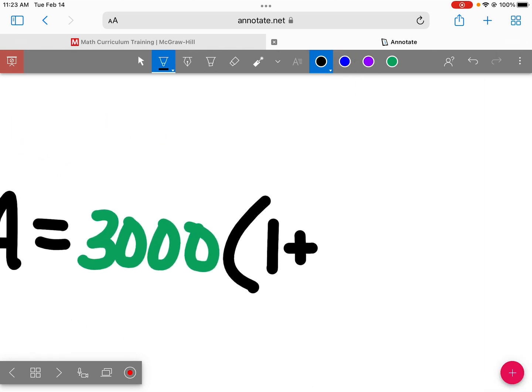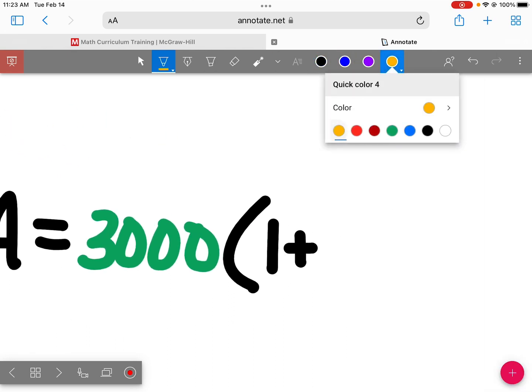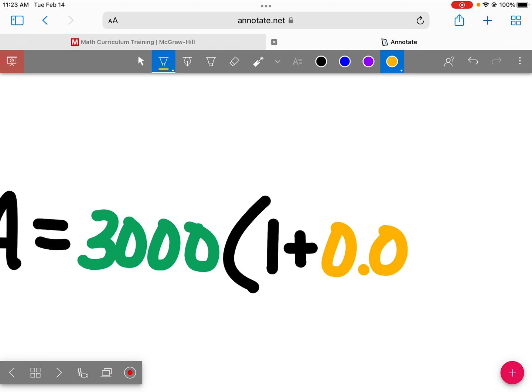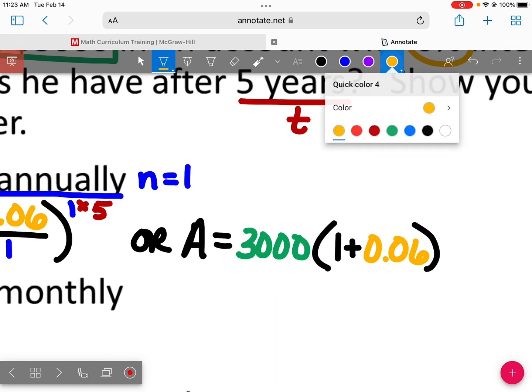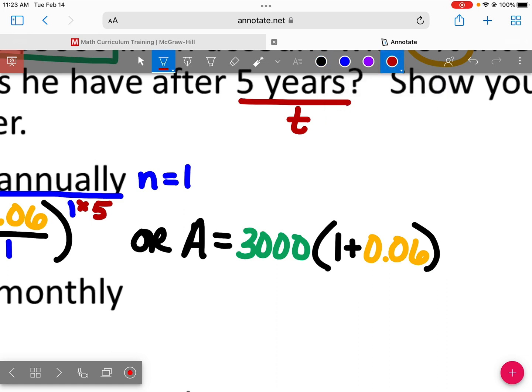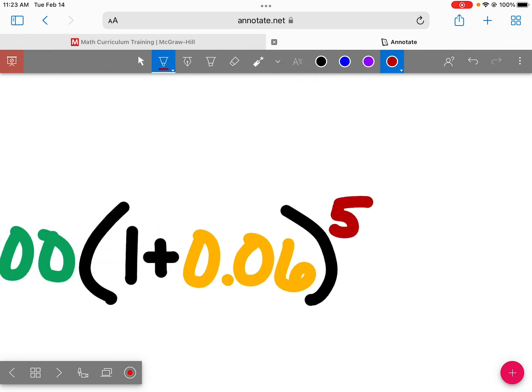I would have 1 plus 0.06. What happens when I do the exponent 1 times 5? What is 1 times 5? That's just 5.